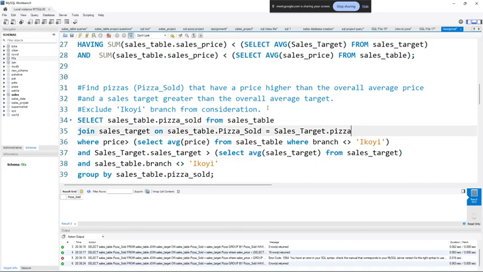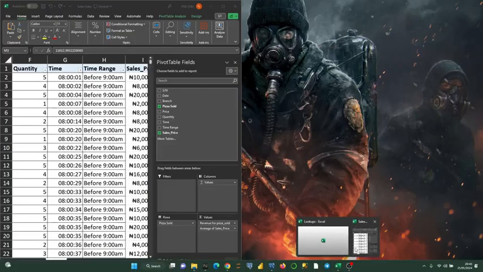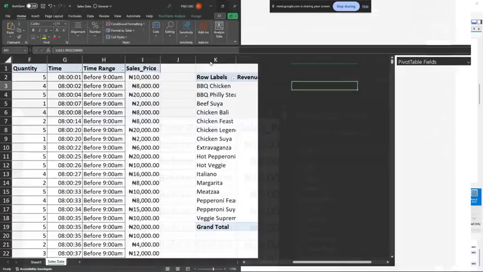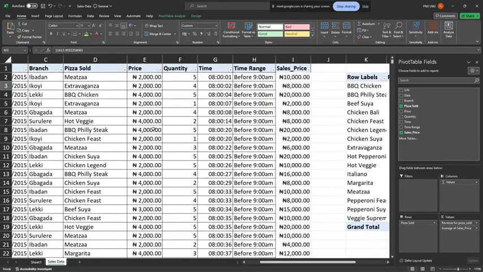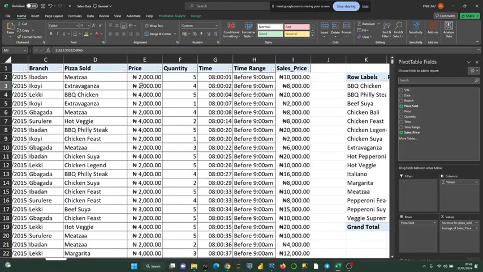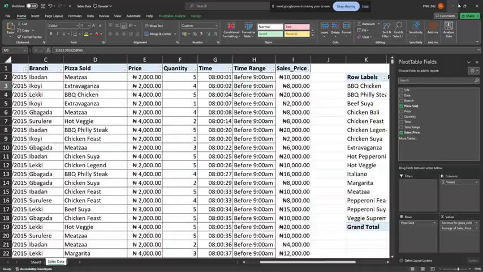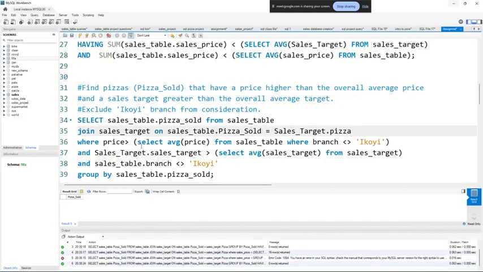Now let me start with my condition. The first condition is that the price, on our table we have a price column, not sales price. That is why I'm using the where clause. Where price is higher than the overall average price.